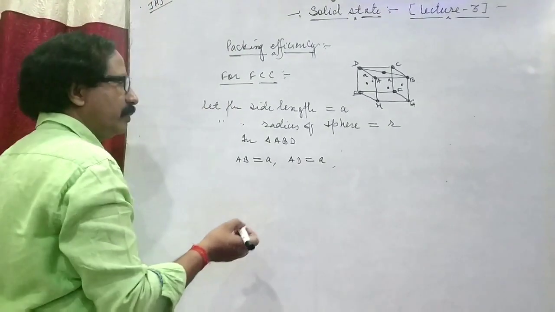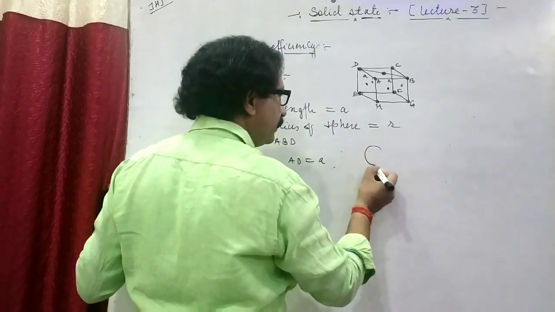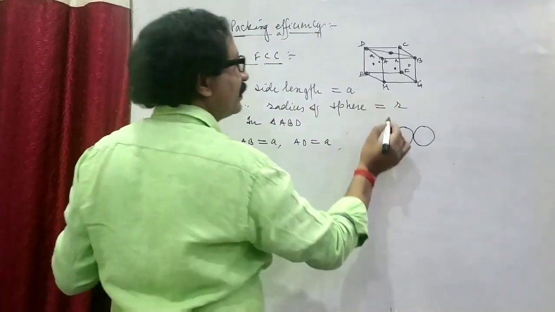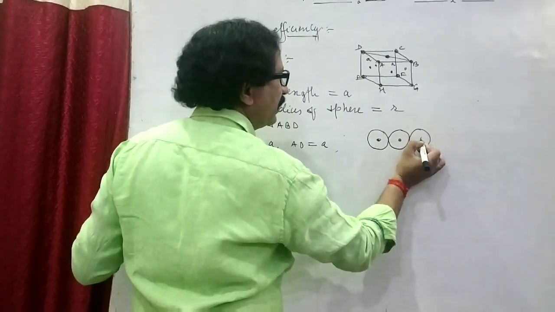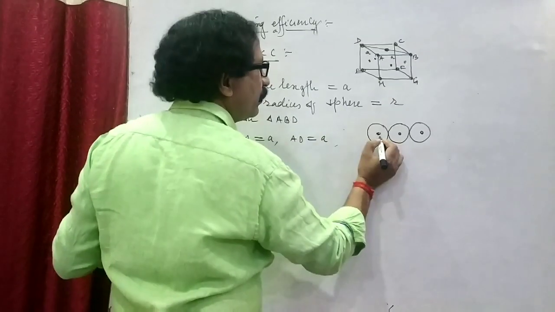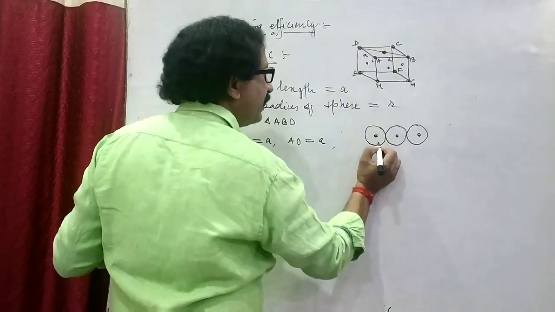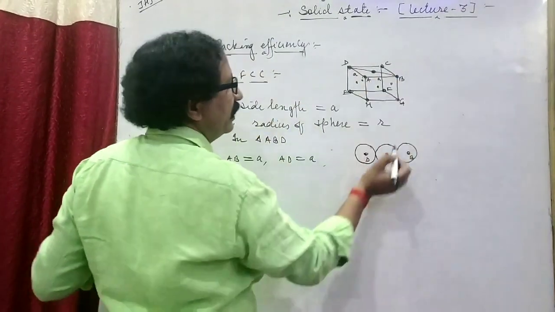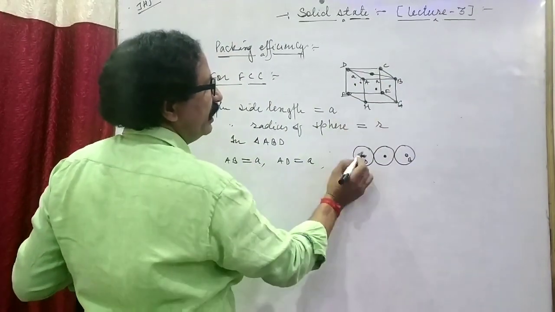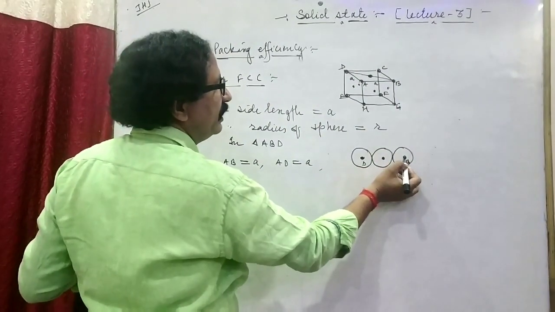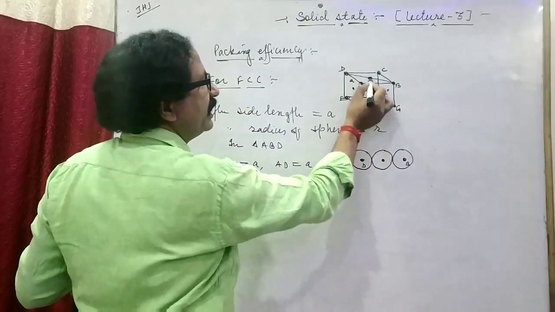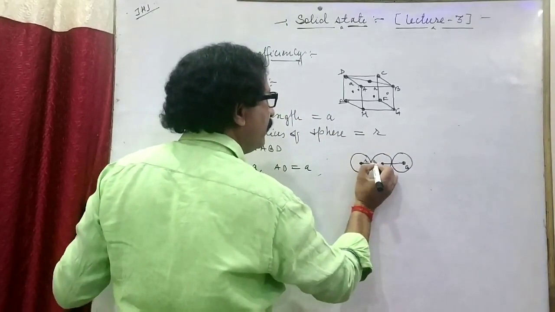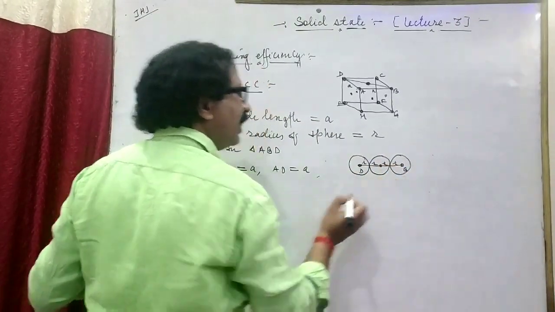The arrangement along BD is three spheres like this. These are the centers of the spheres. Connect the center of each sphere: R, R, R, R.